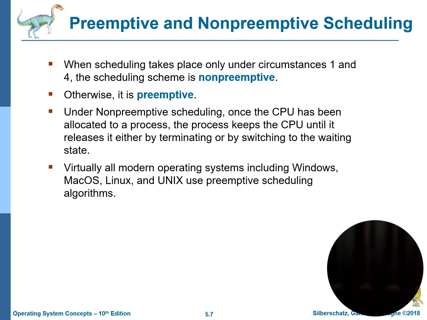So when scheduling takes place only under circumstances 1 and 4, the scheduling scheme is non-preemptive. When we say non-preemptive, this is a scheduling algorithm where, if the process gets the CPU, it runs until it gets to the end. It doesn't relinquish the CPU during the time of running.